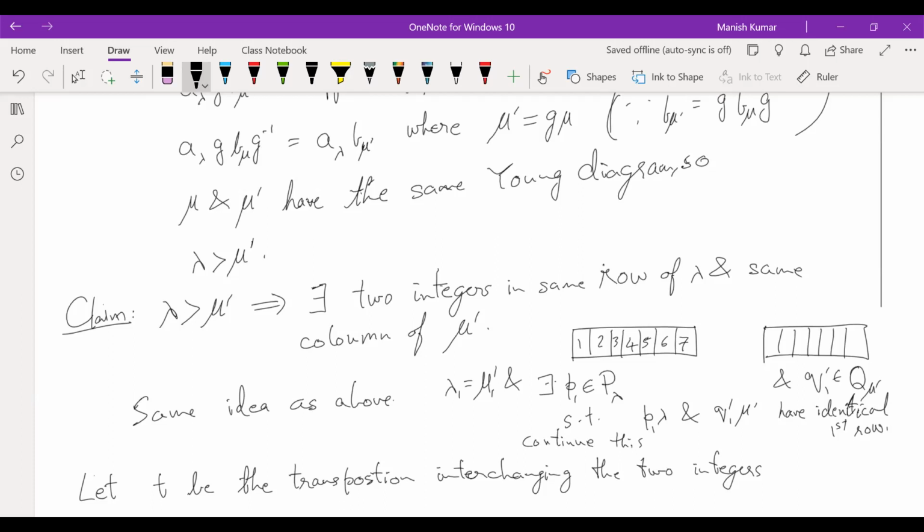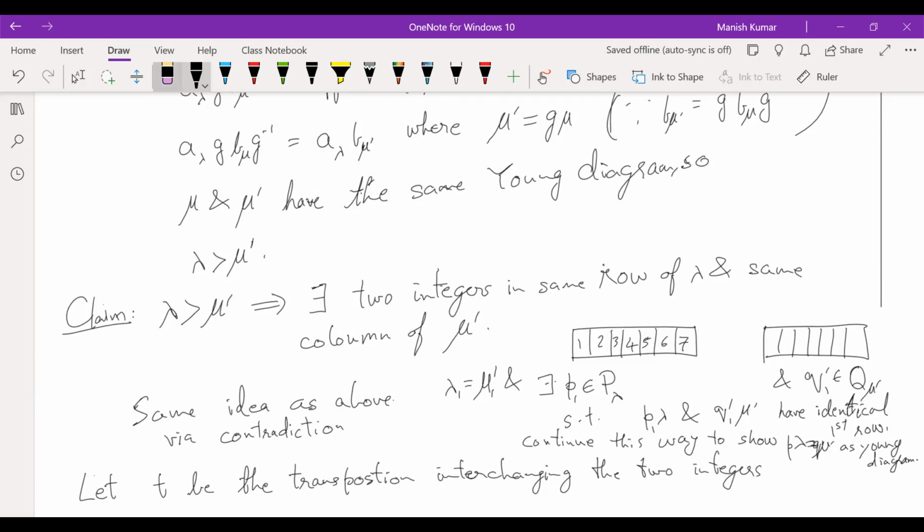Same idea. So this was via contradiction. Yeah? So basically you prove the contrapositive. So continue this way to show that the underlying Young diagrams are the same, to show lambda actually equals mu prime as Young diagram. Yeah. So probably the right way to write it is P and Q prime, and then you can say about the Young tableau itself.